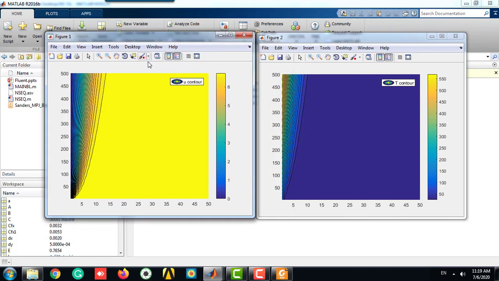The stream starts from the bottom, and the maximum temperature is 500, and the velocity has more than 6. So you can see here that this blue in the right in the T temperature contour is the free stream velocity, and these are actually the boundary layer formation.